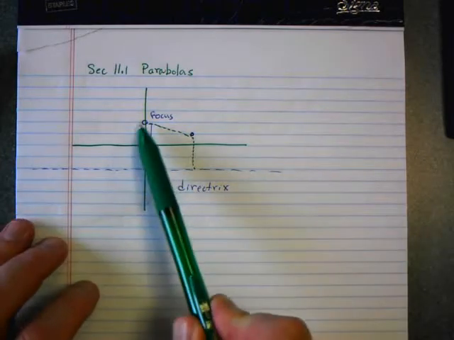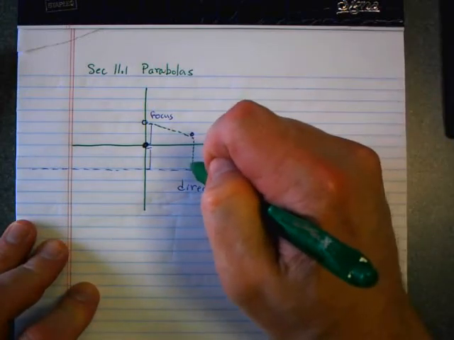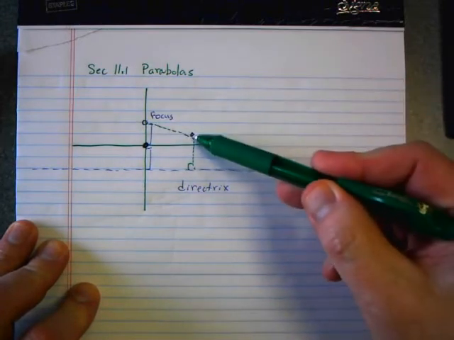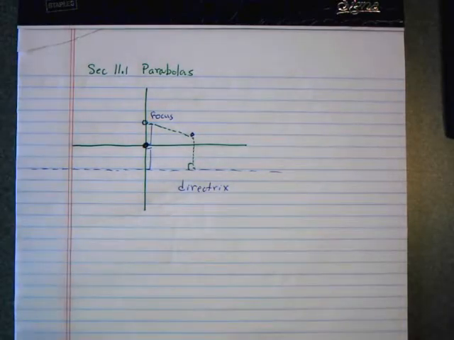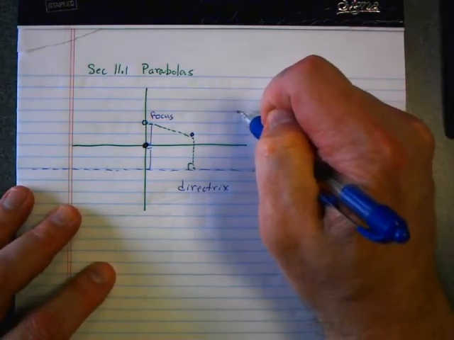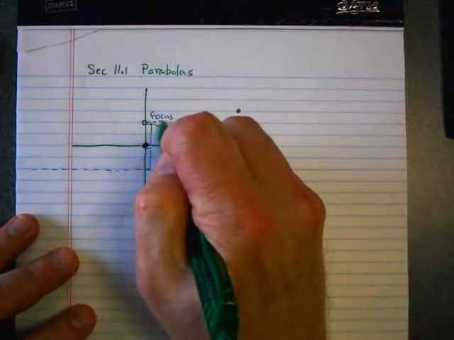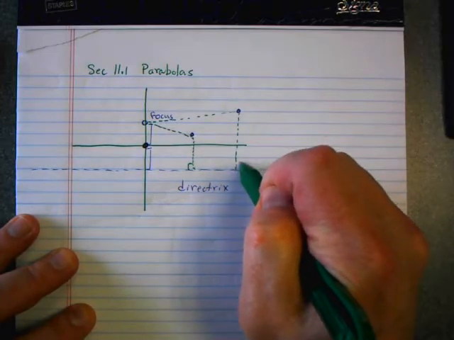The distance from the focus and the distance to the directrix, where this makes a right angle here, have to be exactly the same. So another point would be like up in here somewhere, and this distance here would have to be the exact same as that distance there.